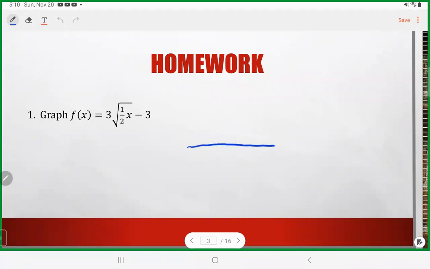So basically the parent function is the square root. It's basically like that, and because there's a negative 3, we have to move down 3.